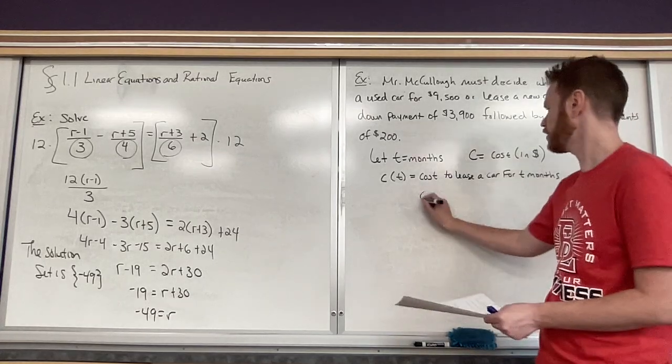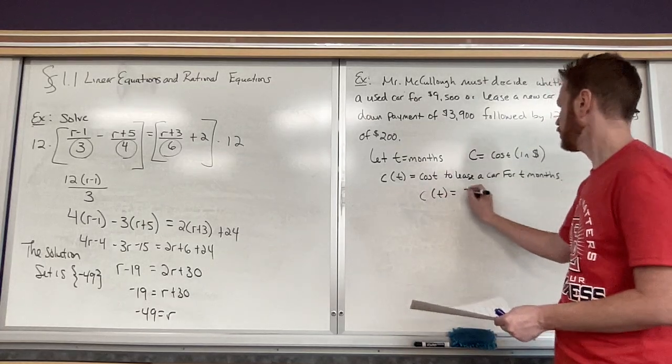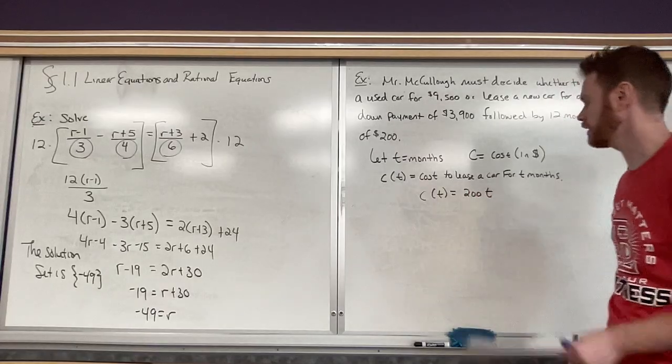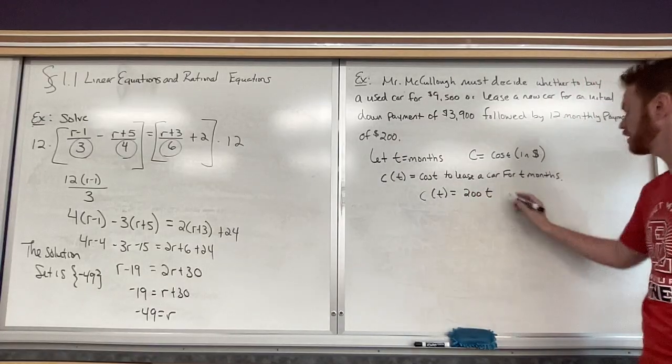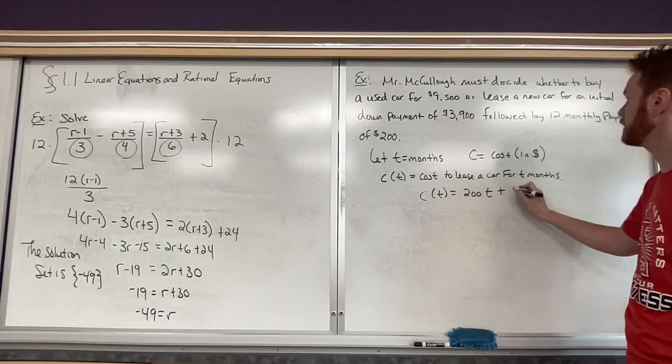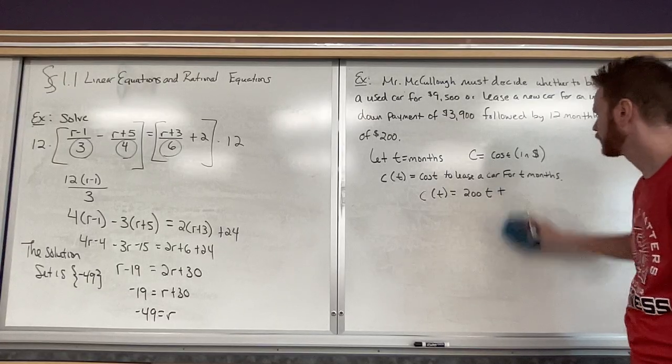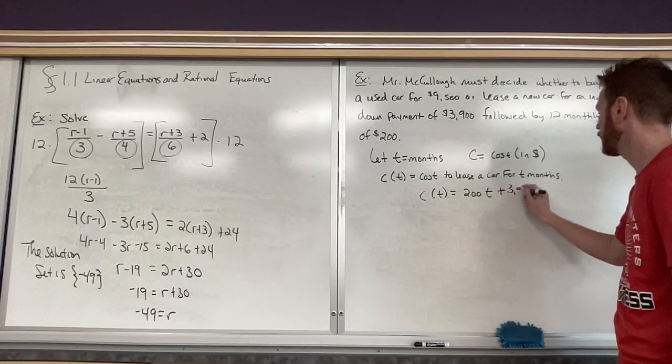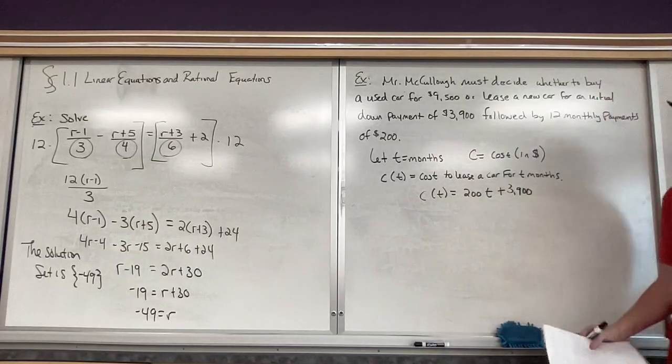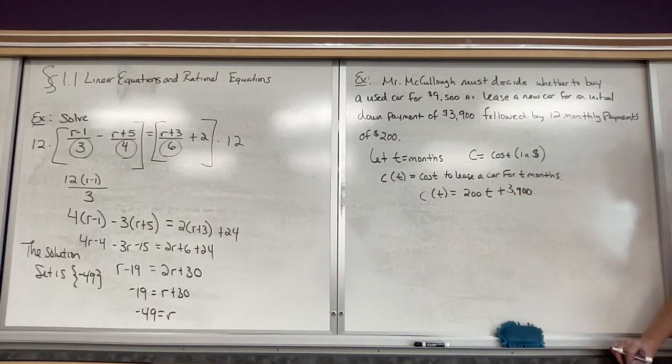So to create an equation, it would be 200 times T, because it's 200 for every month. And then plus my down payment, what was the down payment? It's 3,900. Okay, so there's my equation that represents that situation.